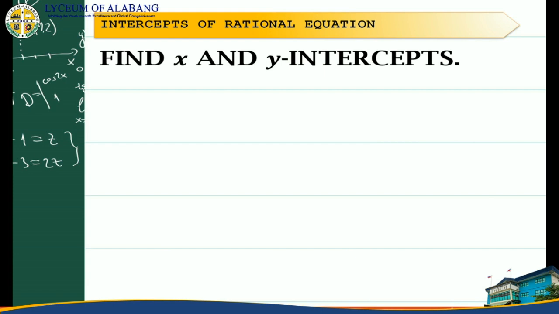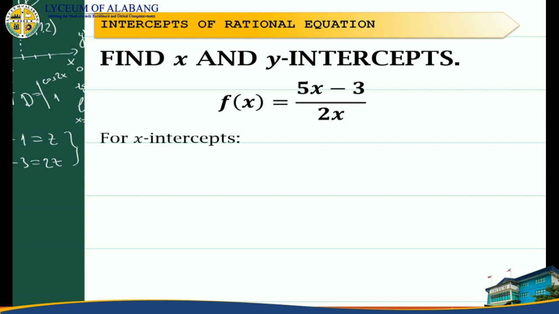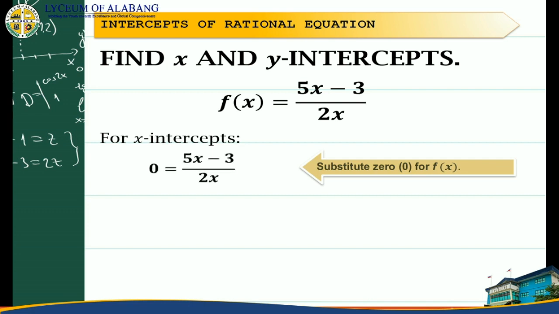Next, find x and y intercepts if we have the function f of x is equal to 5x minus 3 over 2x. For x-intercepts, first, substitute 0 for f of x, and we get 0 is equal to 5x minus 3 over 2x. Then, cross multiply.